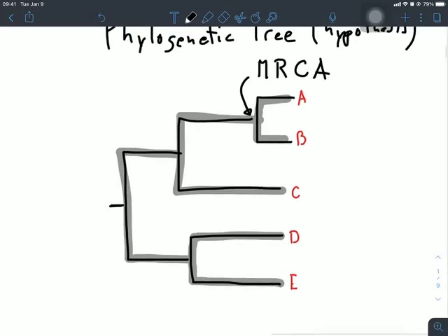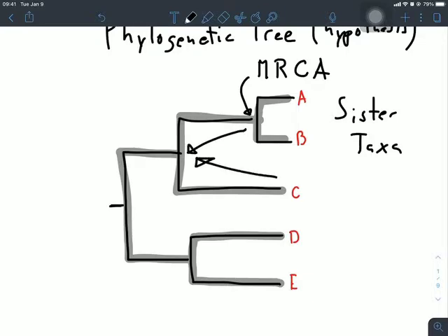Species that share a most recent common ancestor are considered sister taxa, meaning that they're right next to each other on the family tree. You can additionally say that C is sister to the group A and B. It just means that the next branch will intersect with a shared most recent common ancestor.